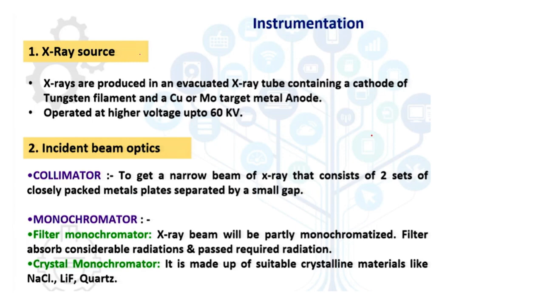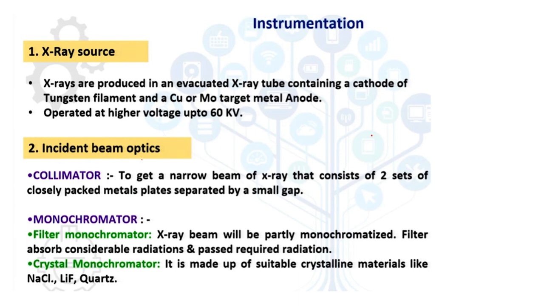Now, what are the different X-ray sources used to generate the X-ray? X-rays are produced in an evacuated X-ray tube containing a cathode, basically a tungsten filament, and a copper or molybdenum target metal anode operating at a very high voltage, around 60 kilovolt.